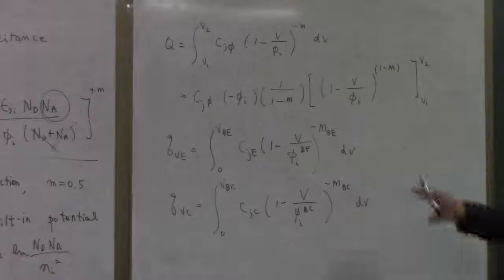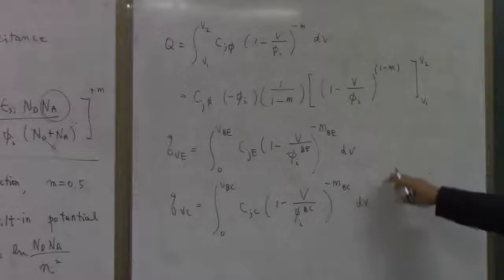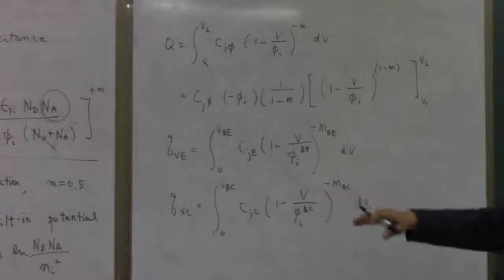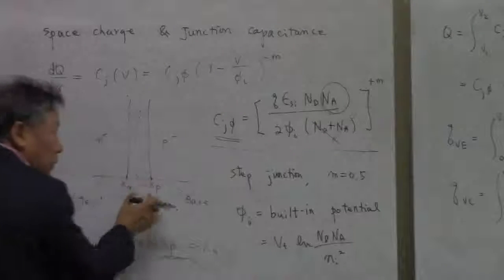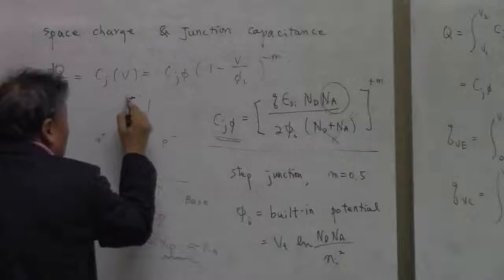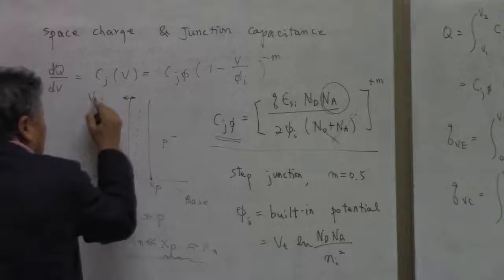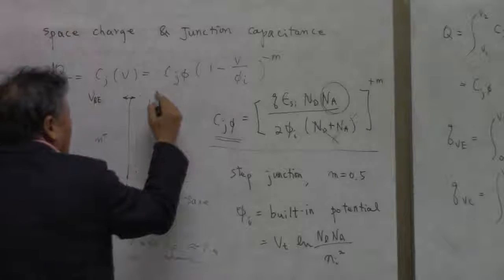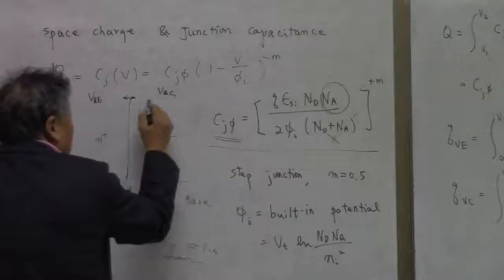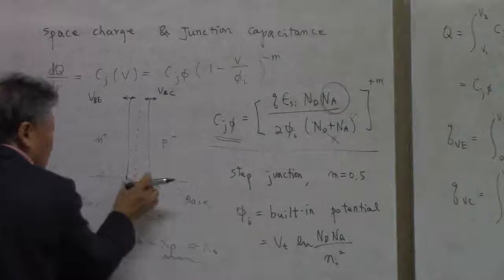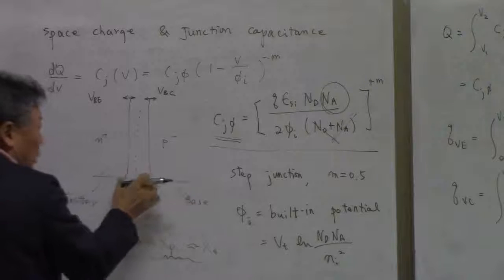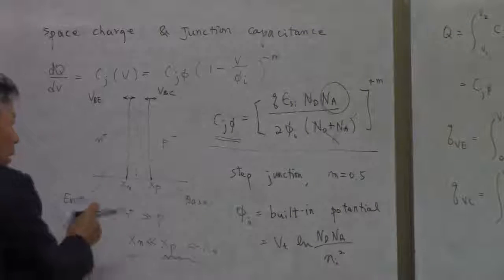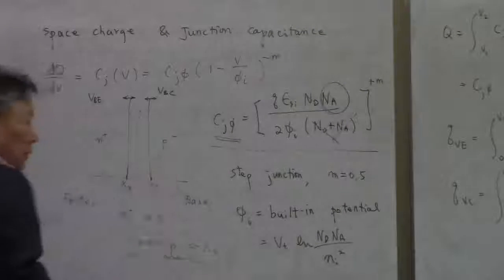Okay, so these two terms are the space charge, whose depletion regions are going to be modulated by the applied voltages V BE and V BC. This space charge region is going to be widened and narrowed depending on the voltages, right?